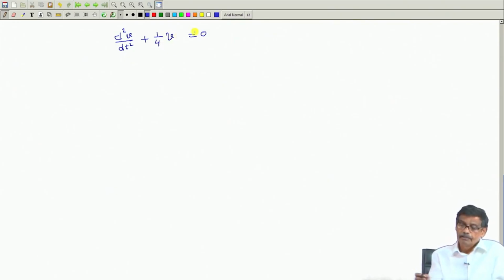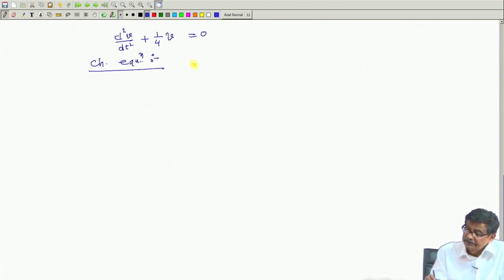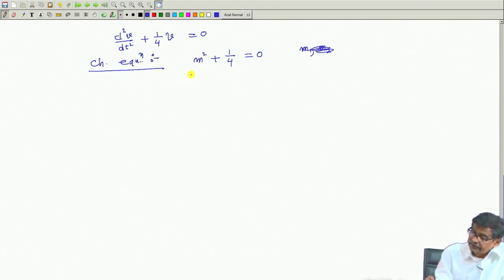Then what I have to do? I have to form the characteristic equation. What is the characteristic equation? m square plus 1 by 4 is equal to 0. What will be the roots? m square is equal to minus 1 by 4.